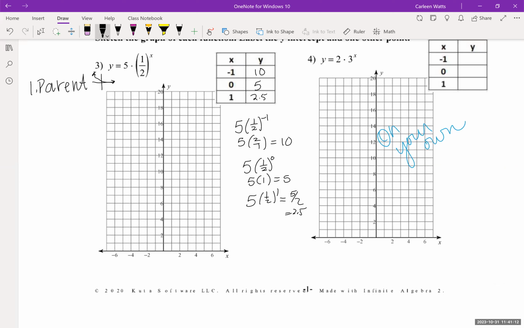I like to do the y-intercept first. 0 is 5. -1 is 10. 1 is 2.5. So we could graph more points, especially to the right, but it's a 3-point sketch. And we can see that it's an airplane coming in for a landing.